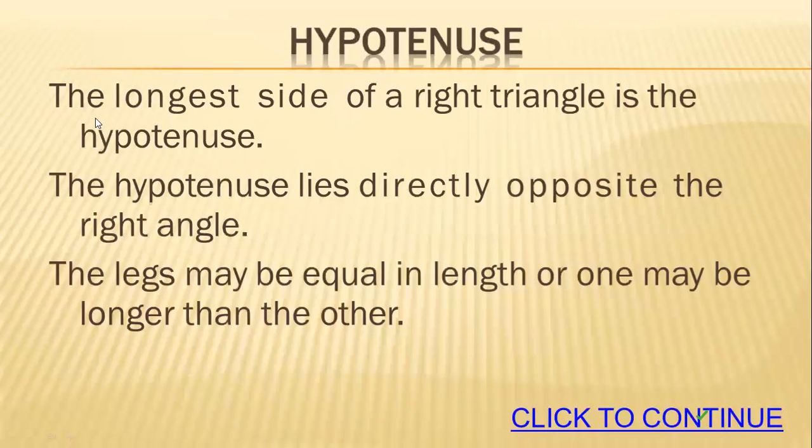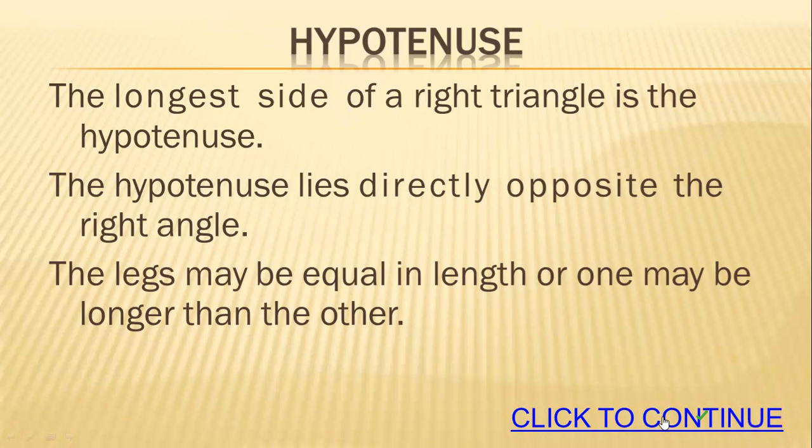I think these three things are enough to define the hypotenuse. The hypotenuse is the longest side, and it is opposite the 90-degree angle. Where there is a 90-degree angle, the triangle will be a right angle triangle, and the opposite side is called the hypotenuse.